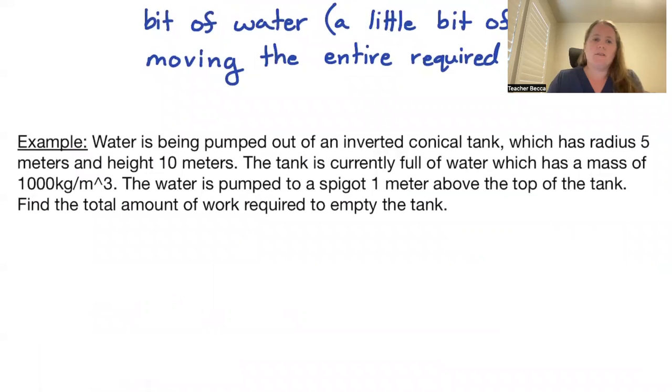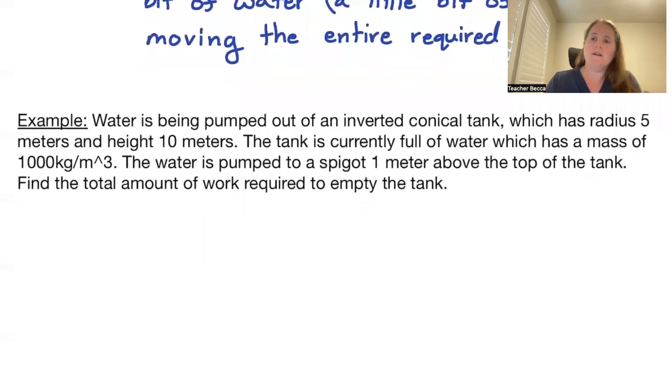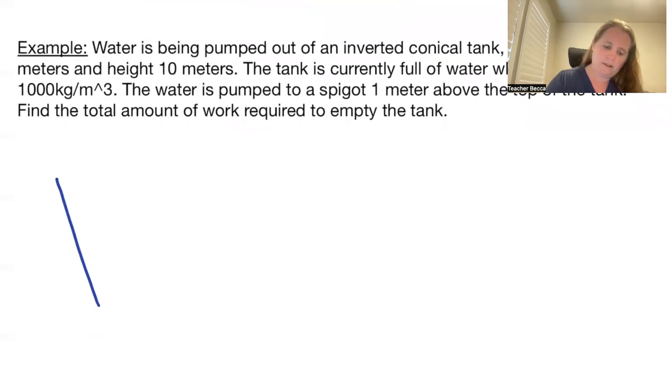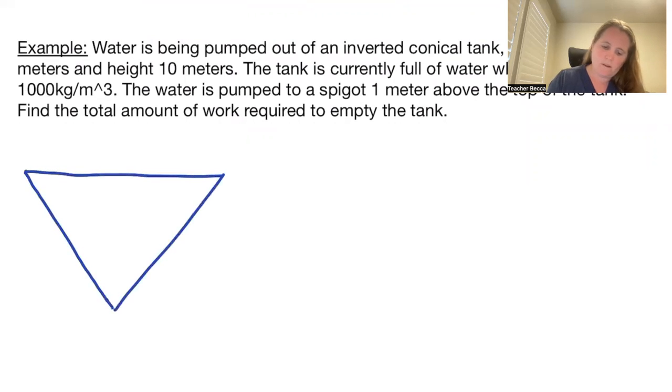So we'll start off with the example: water is being pumped out of an inverted conical tank, which has a radius of 5 meters and a height of 10 meters.